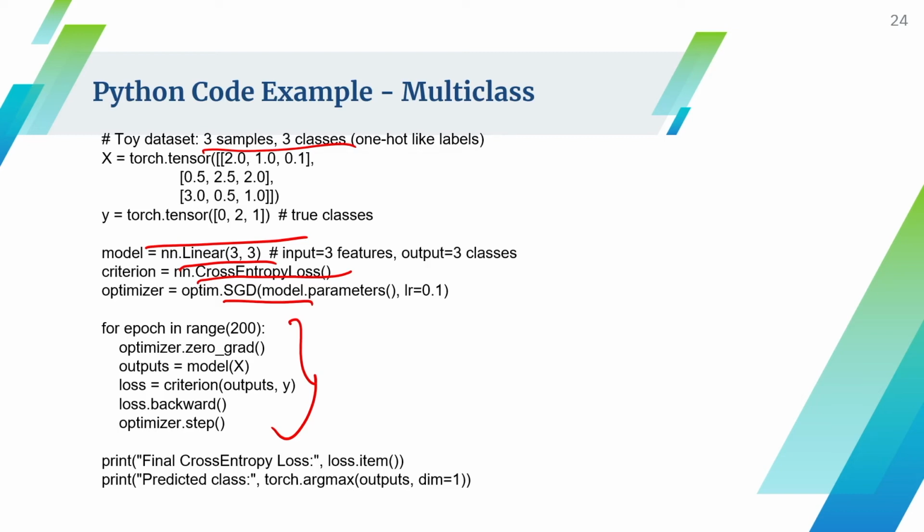So, loss has been calculated, a backward step has been made, and here you are calculating the final cross entropy that is held in the loss.item value, and predicted values have also been displayed. So, this methodology is applied to a multi-class problem, and the example taken has 3 different classes.